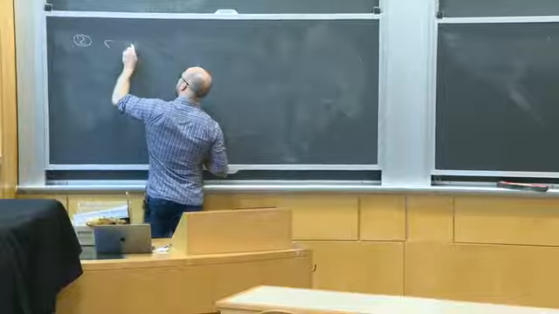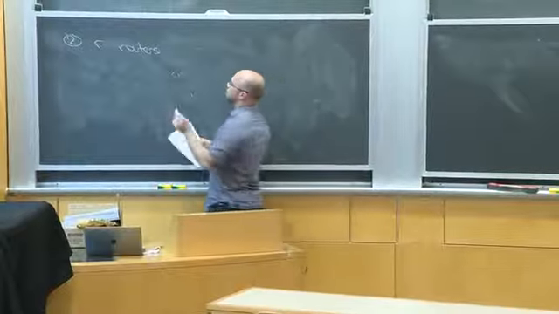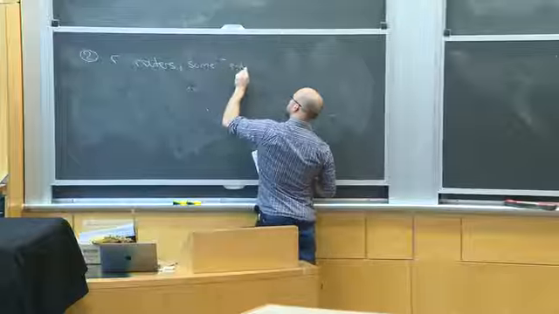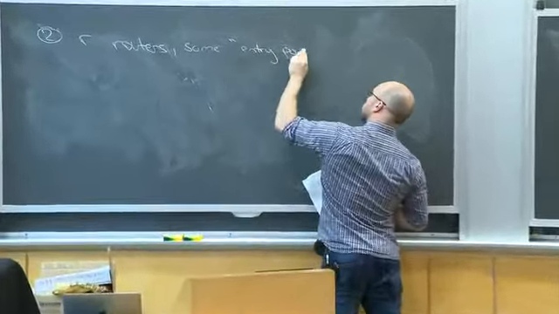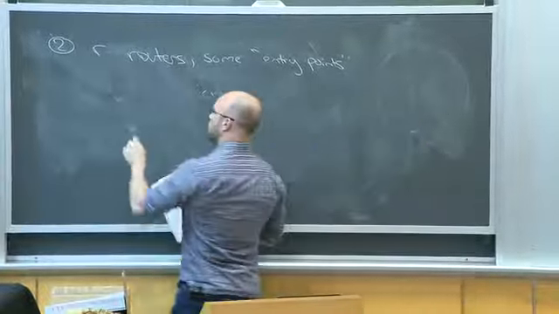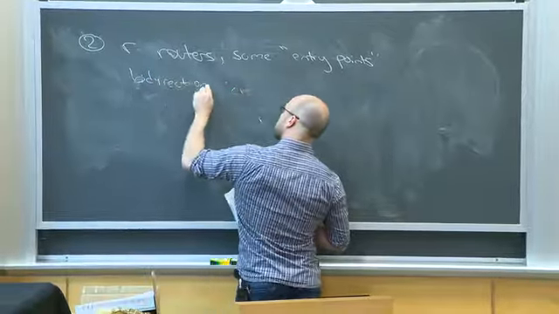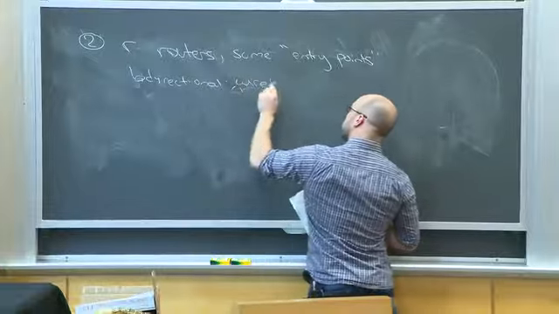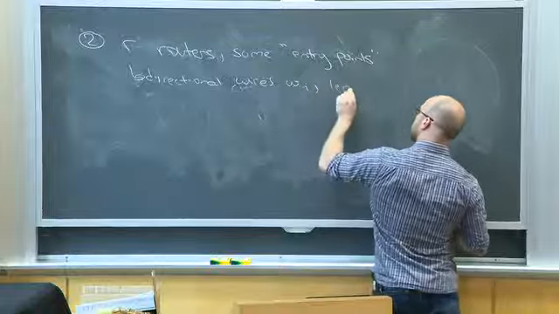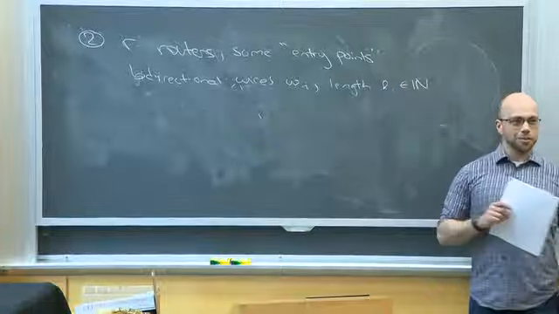We're given R routers, and some of them are marked as entry points. And now we have a bunch of bidirectional wires W_i, each of which has length L_i, and that's a positive integer value here.